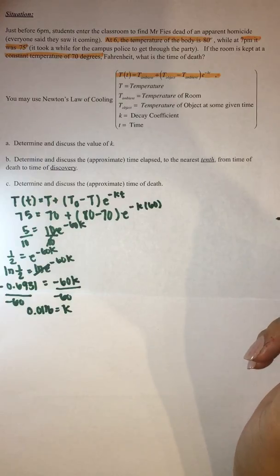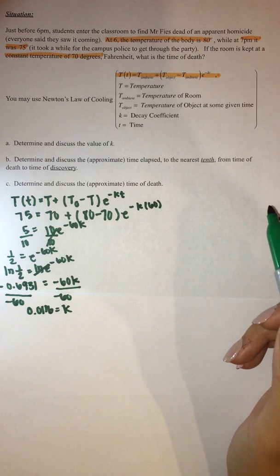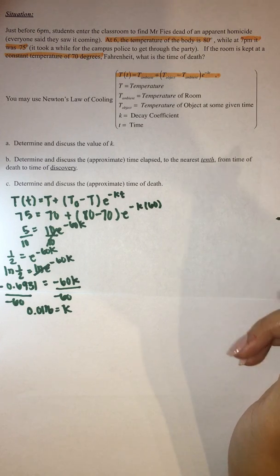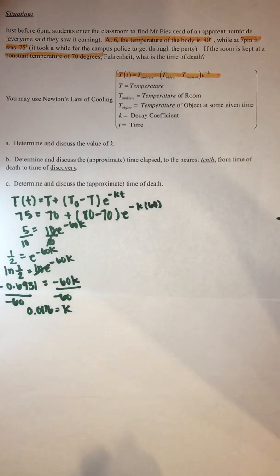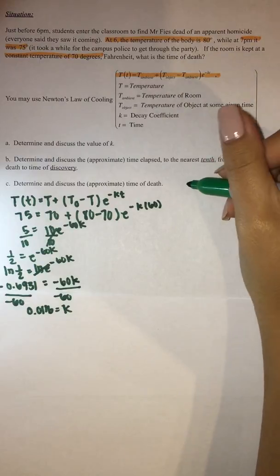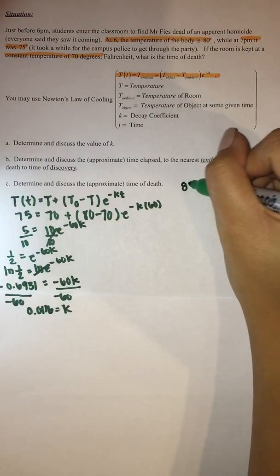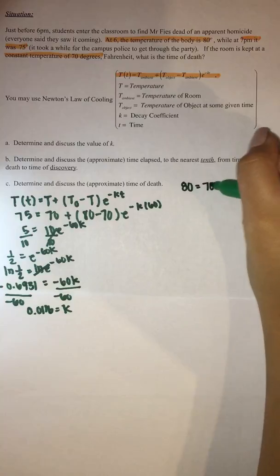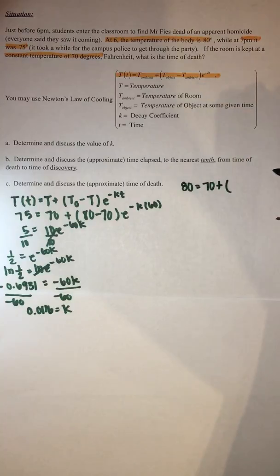So what you do is you can either do 80 or 75 first, and I'm going to do 80 because at 6 it's closer to when he died. So 80 equals 70 plus 98.6, because 98.6 is the average human body temperature.